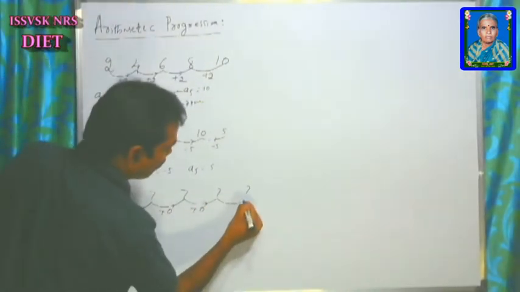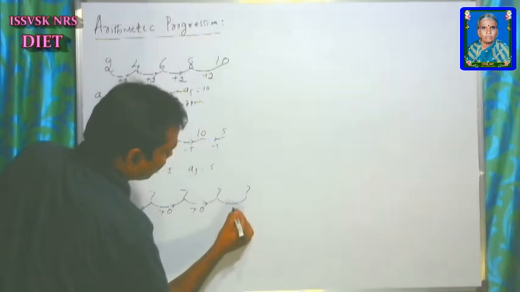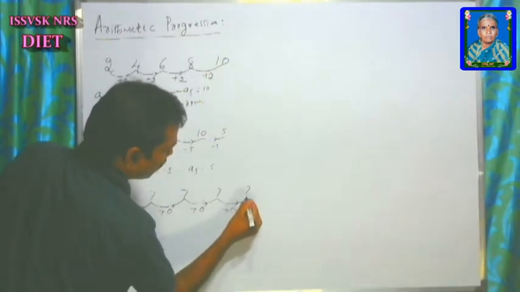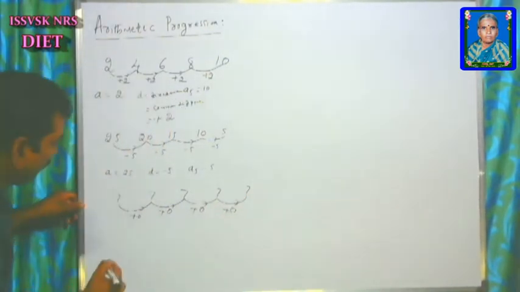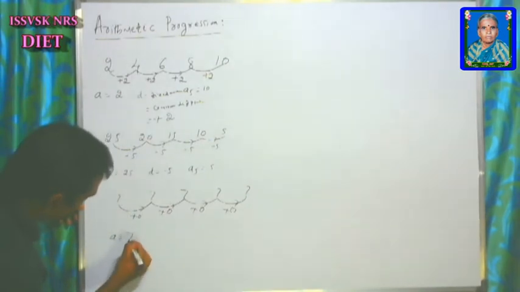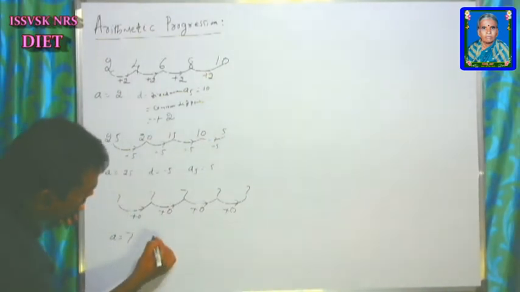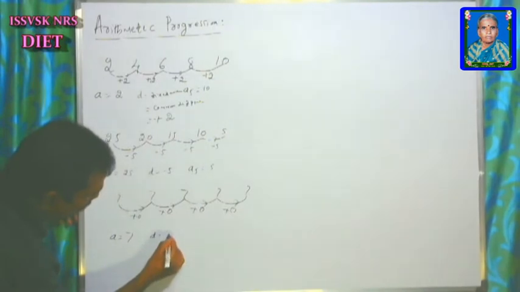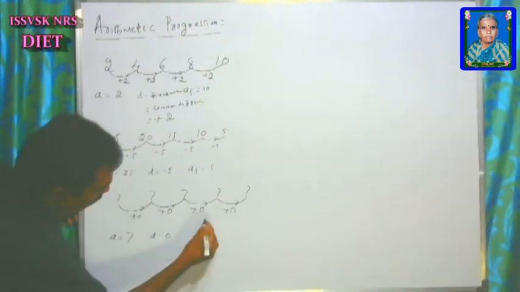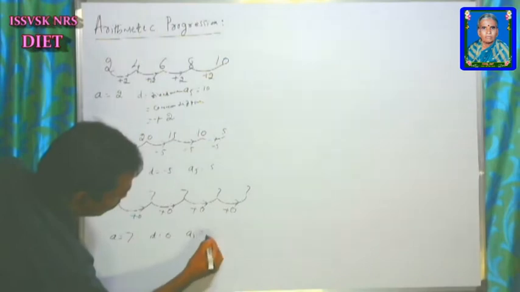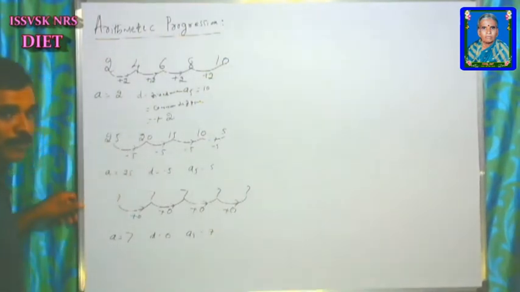The difference between every pair of consecutive numbers, 7 minus 7, is 0, and 7 plus 0 is 7. Here the first term a is equal to 7. The fixed number, that is the common difference, is 0. And the fifth term a5 is equal to 7.